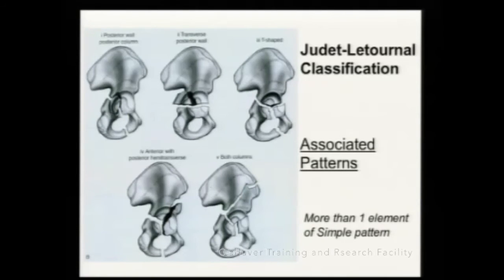So this is the basic difference between a T and a both column fracture. Theoretically you can say, yes, the posterior column is broken, the anterior column is broken, but so long as there is even a small area of the weight bearing dome, we cannot label it as a both column fracture. And then just to complete the picture, you have the anterior with posterior hemitransverse, one of the rare, very uncommon fractures. So this is just for completion's sake.